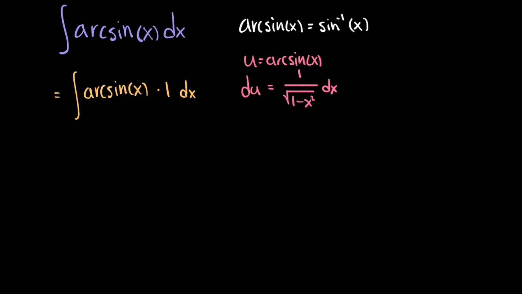The derivative of arc sine x is just 1 over root 1 minus x squared. And now our other component, we have that dv is equal to 1 dx. And then by taking the integral of both sides, we get that v is equal to the integral of 1, or just x. And so now we could go about solving this problem.